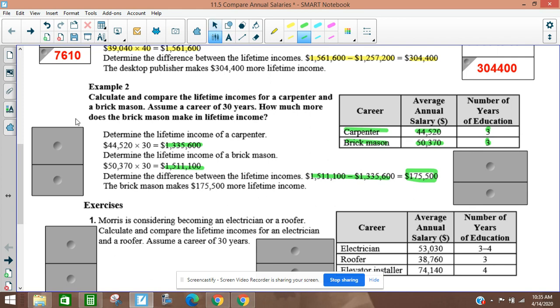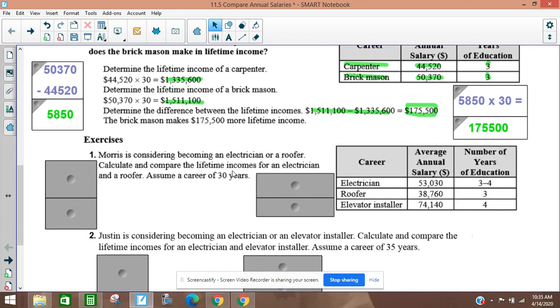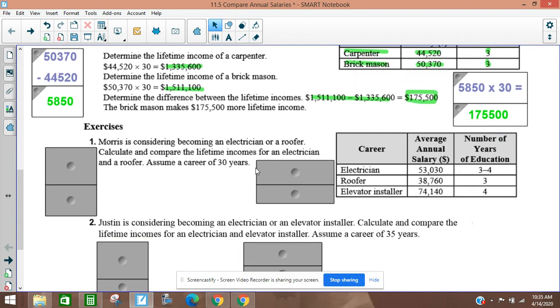So if I find the difference first, the difference will be $5,850 a year. When I multiply that times 30, because they're going to be working for 30 years, I end up with the same answer, $175,500. So it's up to you which one you prefer to use. Do you want to multiply first, or do you want to find the difference first?